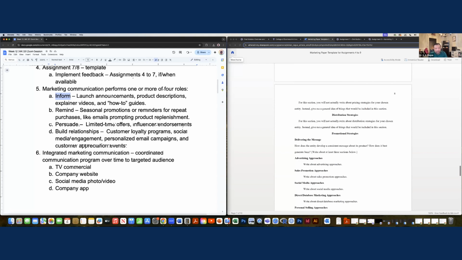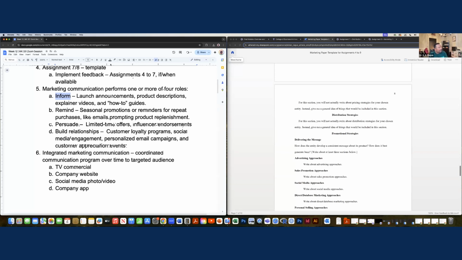Maybe you want to teach your customers about, well, what is this? What are its features? Why is that good? So just think about in the context of these 4 roles right here. Next time you get any kind of communication from your favorite brands, think about, well, what is this trying to do? Is it trying to inform me, or is it trying to do the other things?